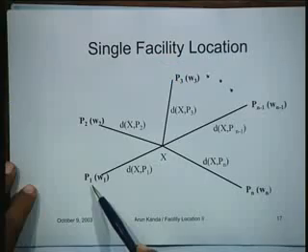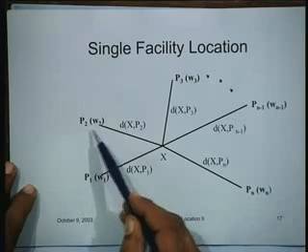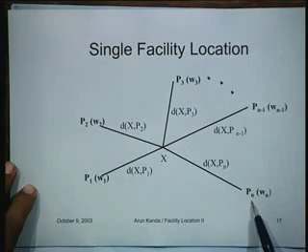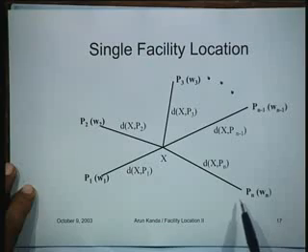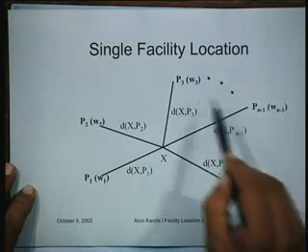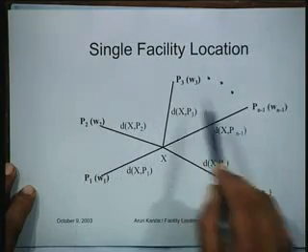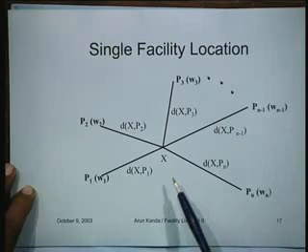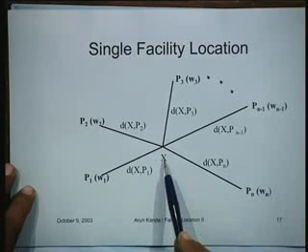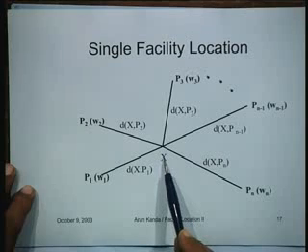So essentially, if you look at the problem from a graphical perspective, what is really required is that we have points P1, P2, P3 and so on up to Pn or Pm as the case may be, spread out, and these are the existing facilities. We are interested in finding an optimum location x.